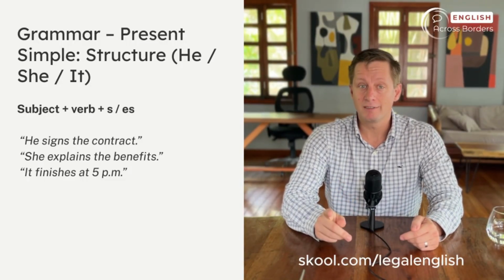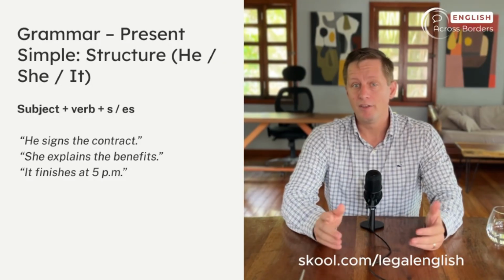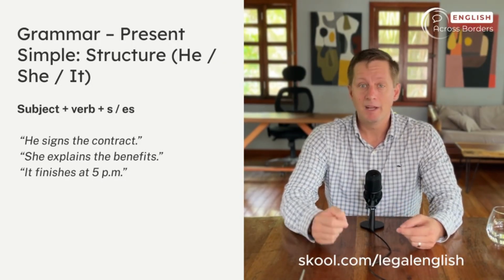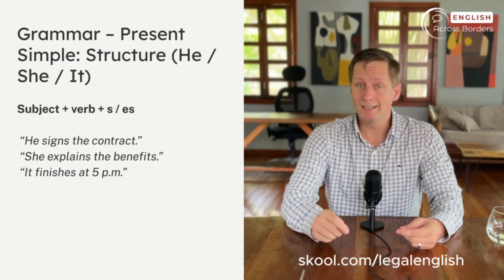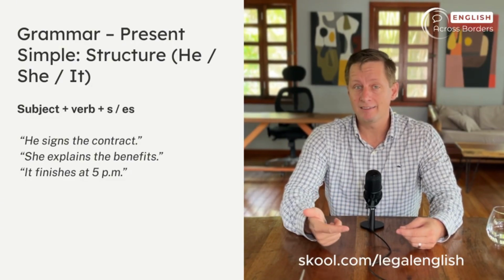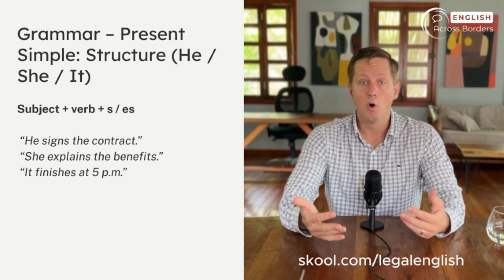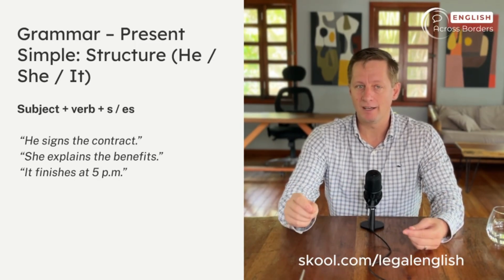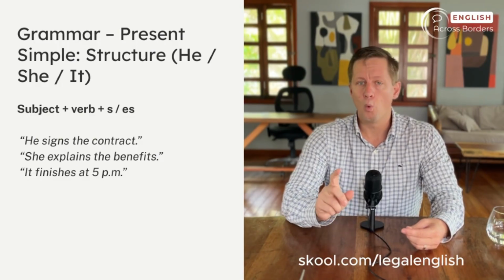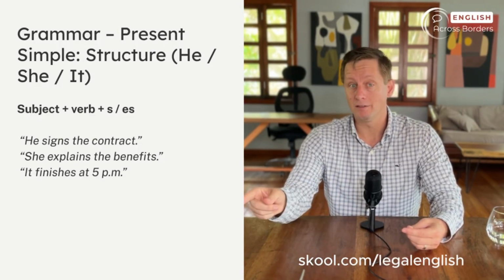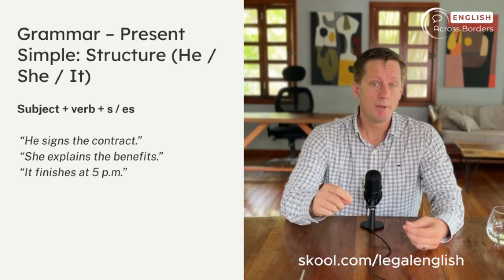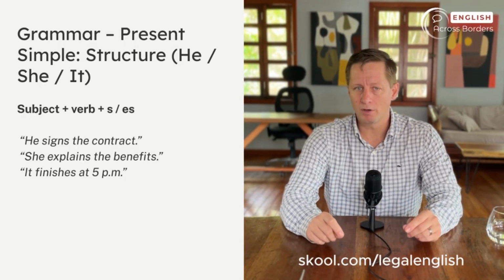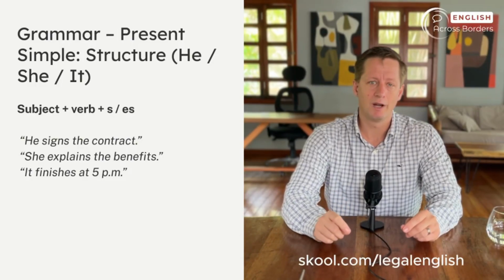It finishes at 5 p.m. This could be the office or meeting that ends at that time. And remember, verbs ending in ch, sh, x, o, or ss get es instead of just s. For example, watch becomes watches, finish becomes finishes. This small change is very important to speak and write correctly.